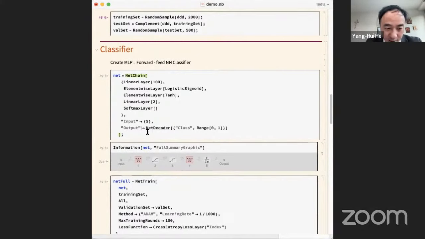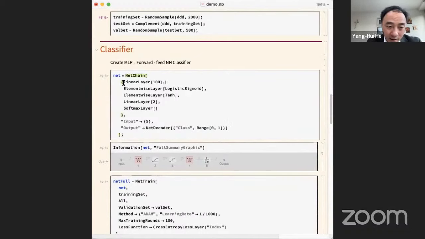The output is the NetDecoder. What this command does is to explicitly tell the machine learning algorithm that you want to encode your output into a classification problem, that's Class, and the classes are just 0 and 1. Okay, so that's all there is. So it's a categorical classification, a binary classifier.